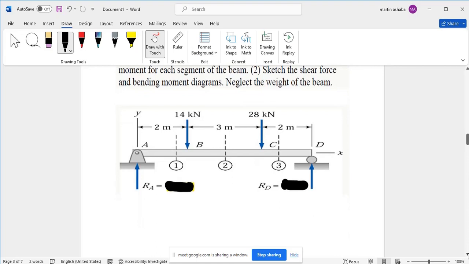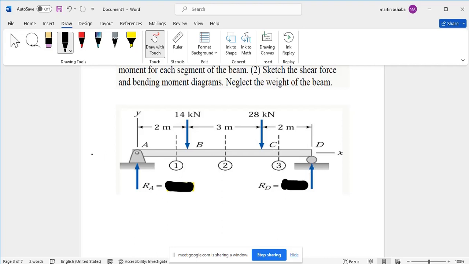Now we have a beam that is showing us points A, B, C, D. We are given that at support A, there is a support which is a hinge or pin joint. Then at the end, at point D, we have a roller support.